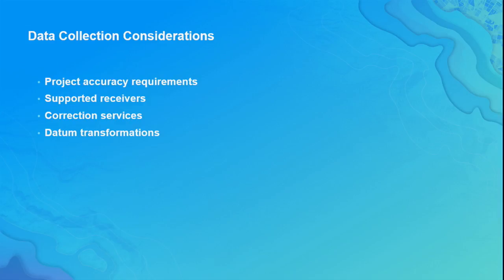Correction services. That's kind of a big one. So obviously for any successful field data collection workflow that needs high accuracy, you want to first have an idea of what type of correction service you're going to be using. If you are in an area of good cell coverage and you have a base station, say you already have it through a DOT, or maybe you have your own base station that you want to connect to, then that should be fine. That's what I'm going to demonstrate in my demo, how to configure a connection to a base station through a cellular connection, because I have one.